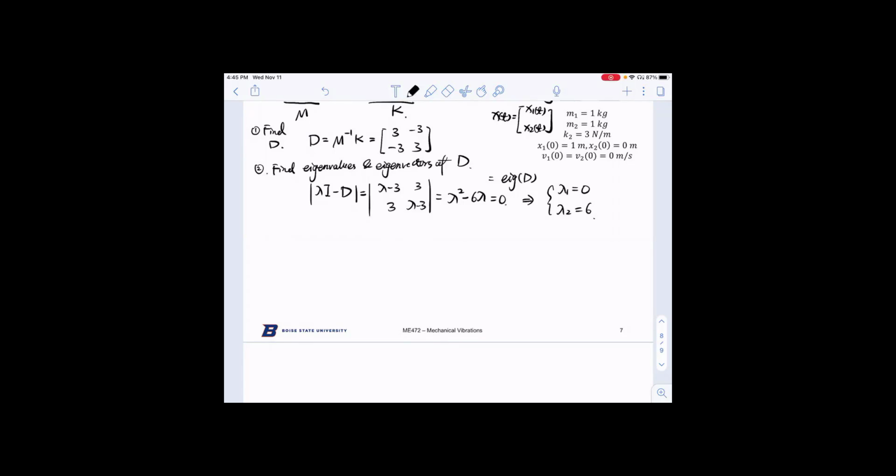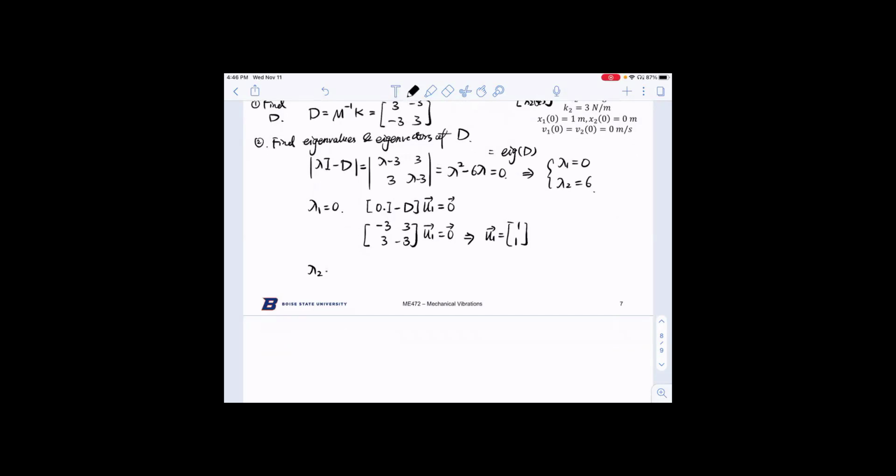And then for lambda 1 equal to 0, you plug this back in and solve 0 times I minus D times U1 equals 0. And then you can write these out. It's minus 3, 3, 3, minus 3, U1. And then U1 is just one of the non-zero solutions for this equation. So your U1 is just 1 and 1.